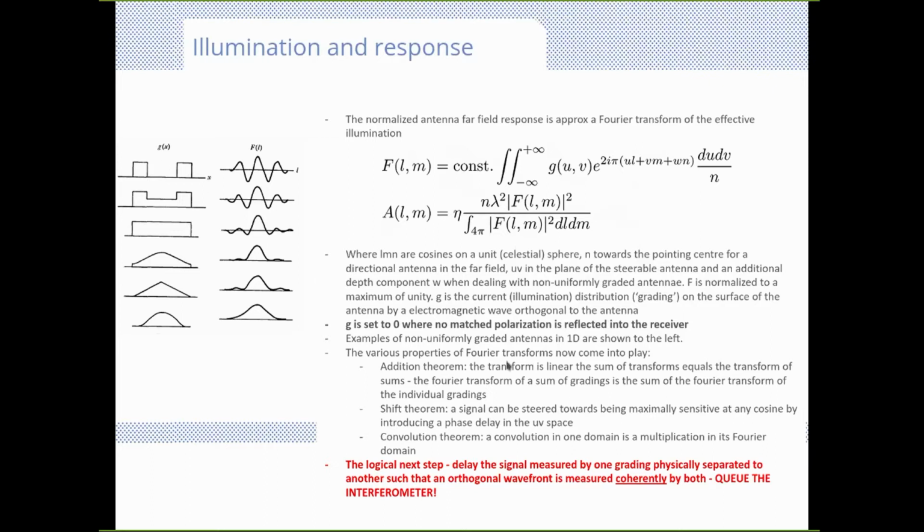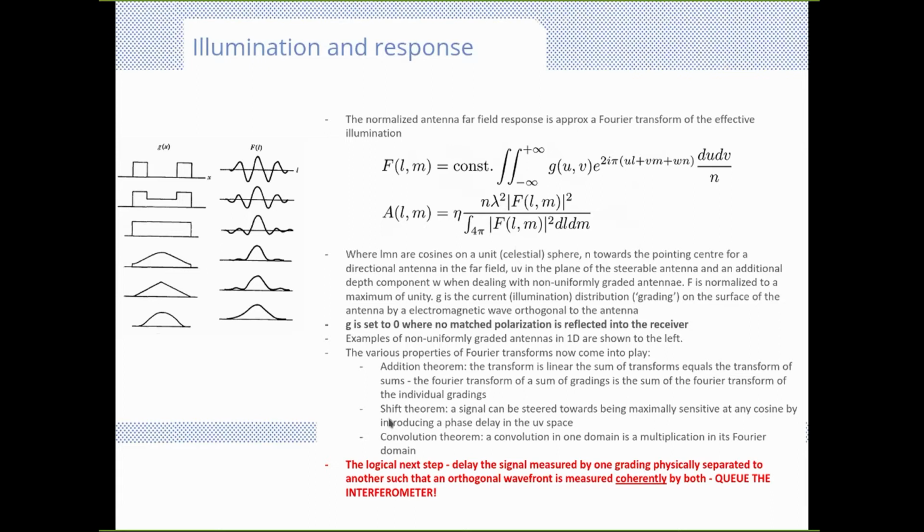Now, what we're going to be using especially is the addition theorem, which says that because the Fourier transform is a linear transform, the sum of two Fourier transforms of two signals is the Fourier transform of the sum of those signals. Right? So we can construct the Fourier response of such a grading function by adding the individual Fourier transforms here.